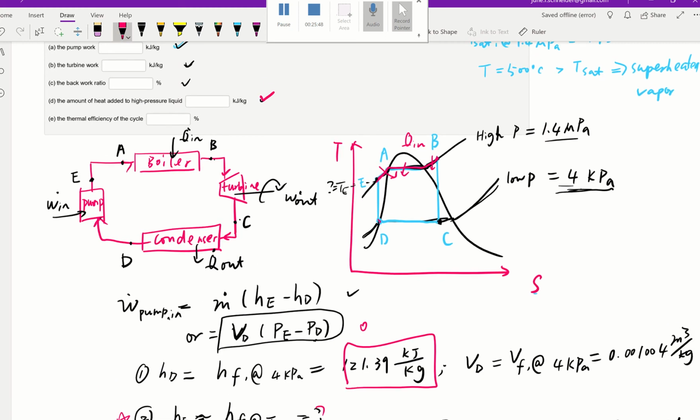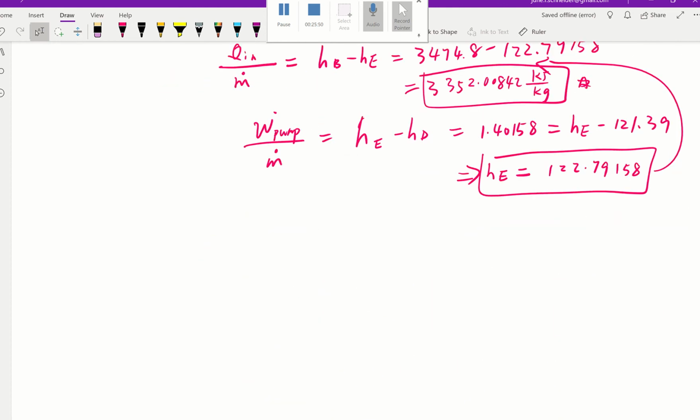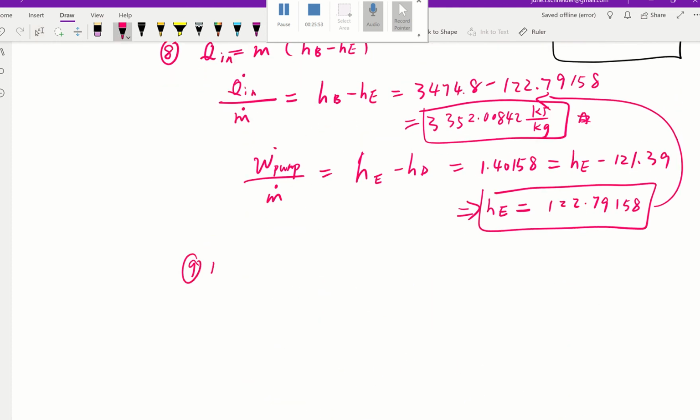Okay, the very last one, but last but not least, the thermal efficiency for this Rankine cycle. There are a couple of formulas to find this, and we said last time it is desired over required. Desired is the net work, basically the work out of the turbine minus the required work for the pump, then divided by the heat required by the boiler. Since we already solved each individual term in this problem, we can just use this formula.